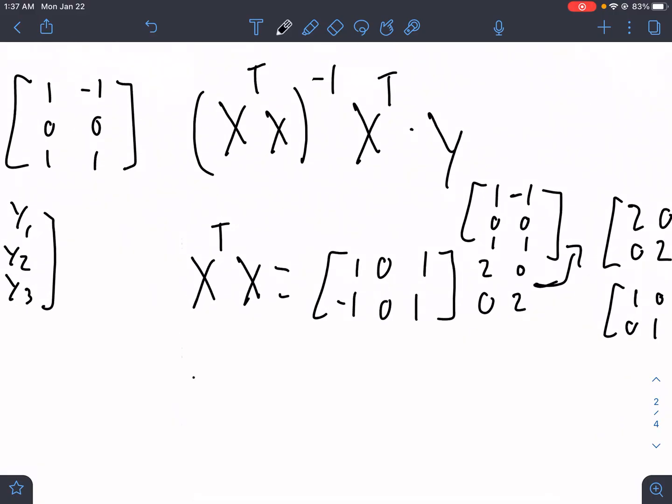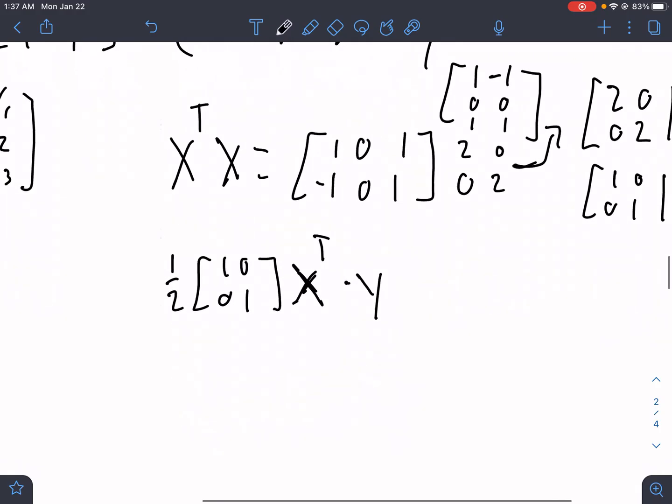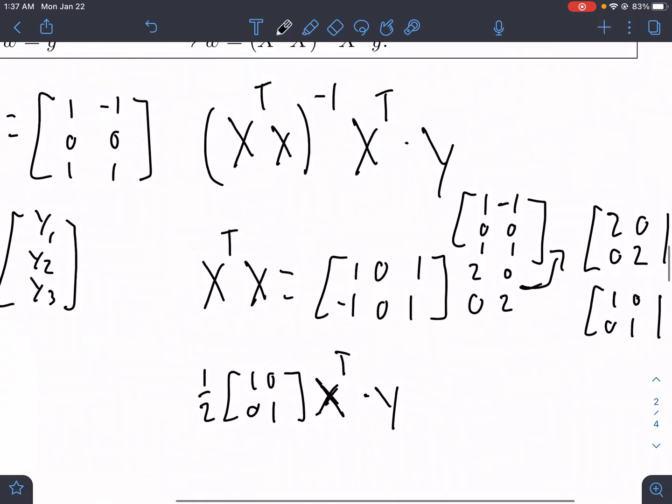So now we have 1 half, 1, 0, 0, 1. This is dotted with x transpose, not little x, big X. And then that is dotted with y. So what I can do is multiply this by x transpose.